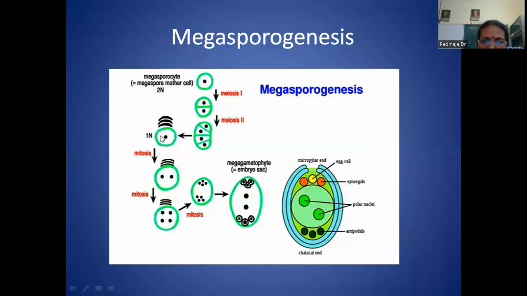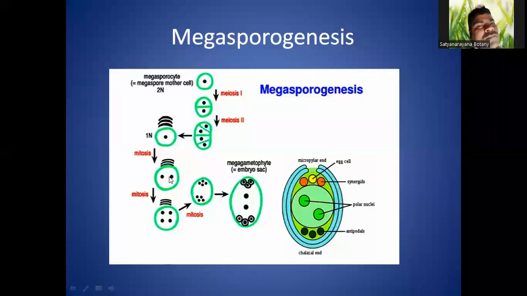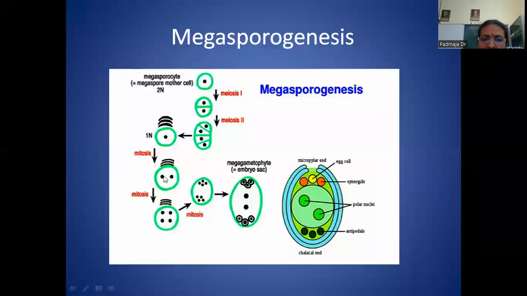This functional megaspore enlarges in size. The nucleus is haploid. This haploid nucleus undergoes the first mitotic division. As a result, two nuclei are formed. This two-nucleate haploid megaspore undergoes another division. As a result, four nuclei are formed. And this four-nucleate megaspore undergoes another mitotic division.